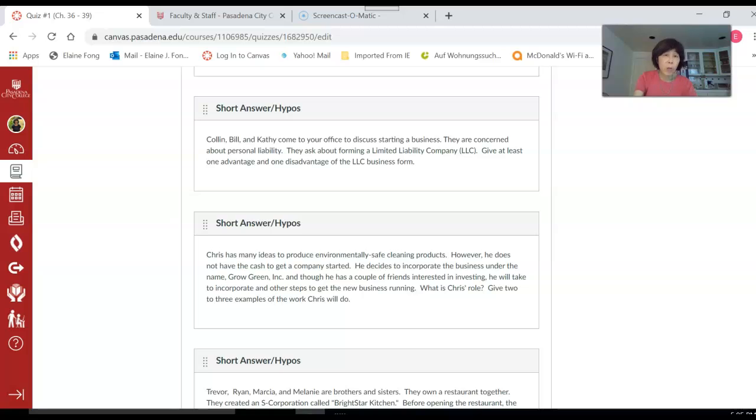And certainly around the world, an LLC is not that known an entity. So if you intend for your business to go global, an LLC would not perhaps be the entity you would choose. That's the downside of an LLC. I wouldn't say those are really terrible disadvantages, but they are disadvantages compared to, say, a corporation, which is much more recognizable around the world. Okay, so that's the second question.